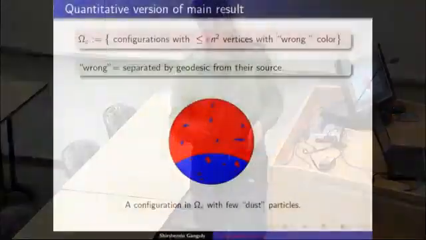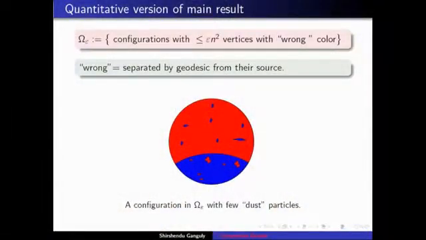Okay. Look at all configurations which are almost like what we want them to look like. So there are only a few blue particles in this region where we want it to be all red, right? And this quantifier is, you only allow at most epsilon n squared vertices of this type: in this region U_alpha complement and has blue color, or is in U_alpha and has red color.